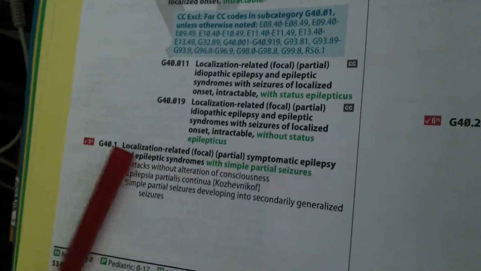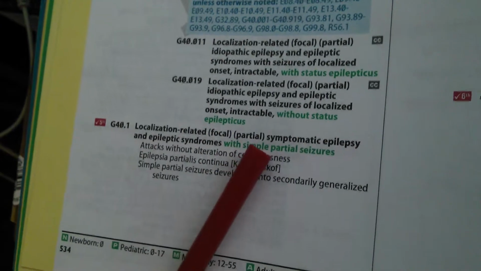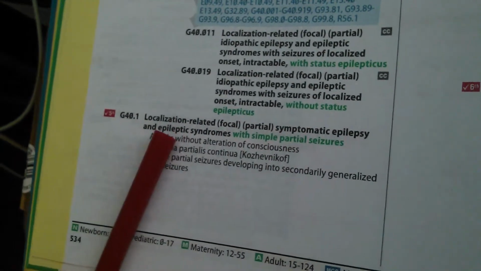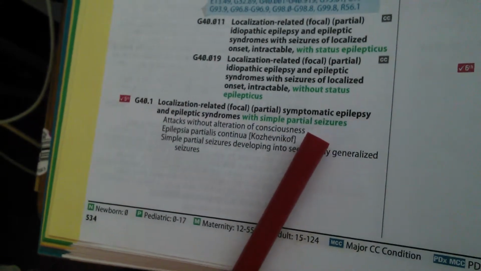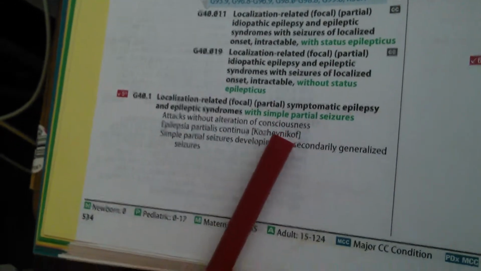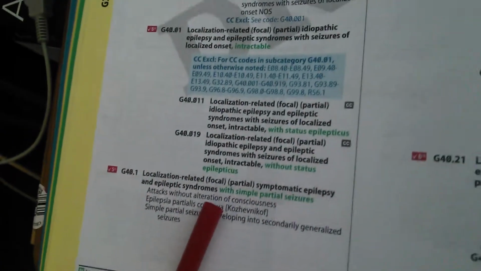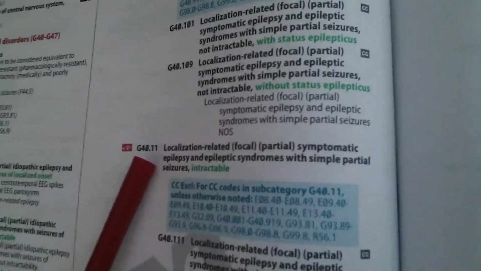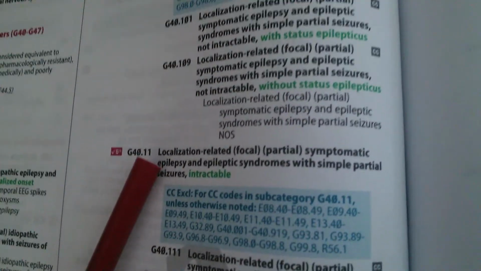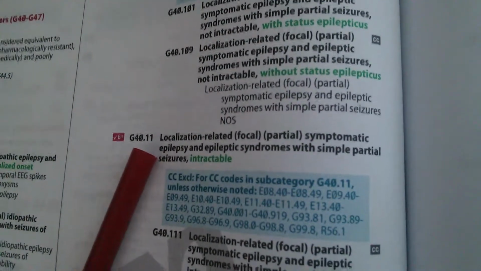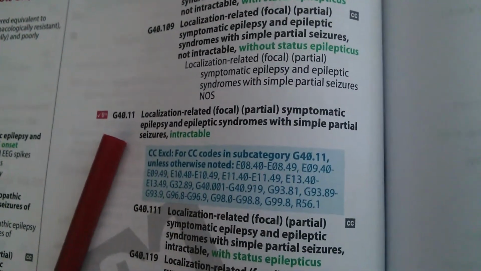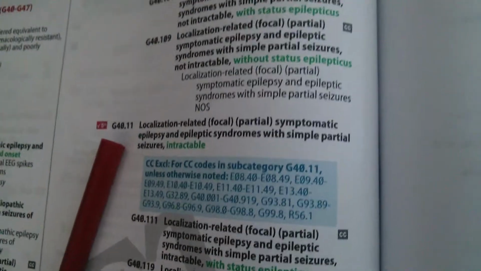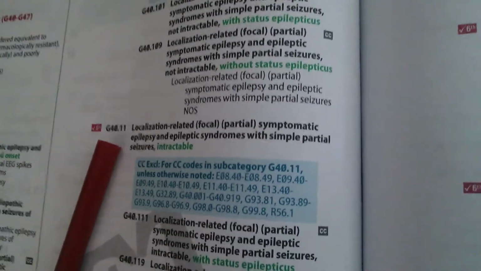Which is localization related focal partial symptomatic epilepsy and epileptic syndromes with simple partial seizures. So we have the focal right there from our keywords. And then there's another one, the localization related focal partial symptomatic epilepsy and epileptic syndromes with simple partial seizures, intractable. We have our two keywords, focal and intractable.